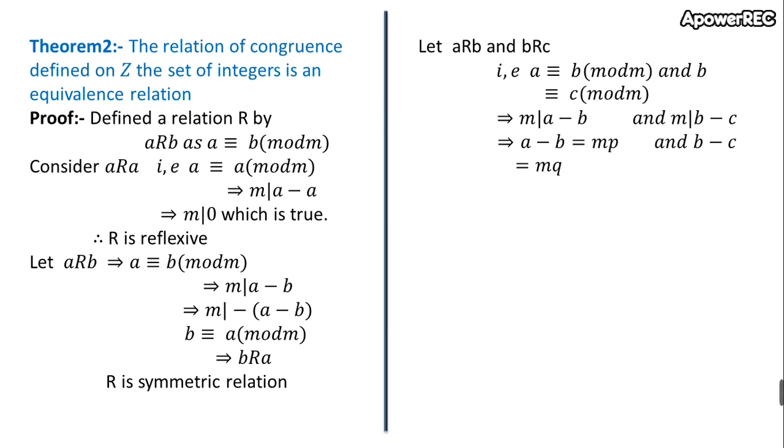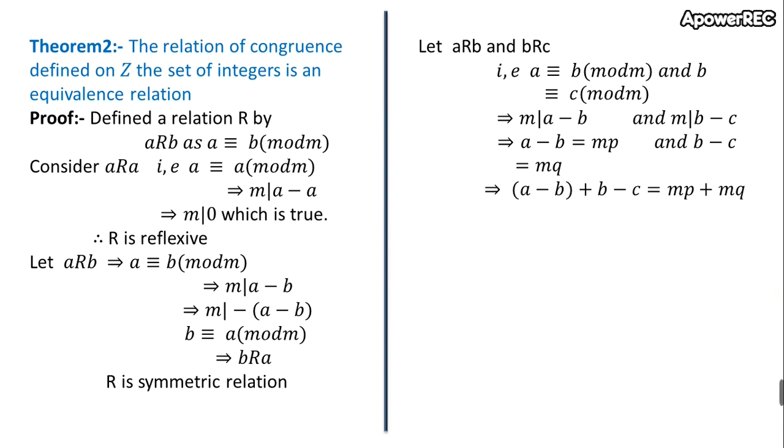That is nothing but a minus b equals m into p and b minus c equals m into q.